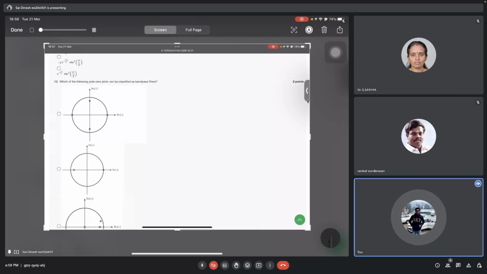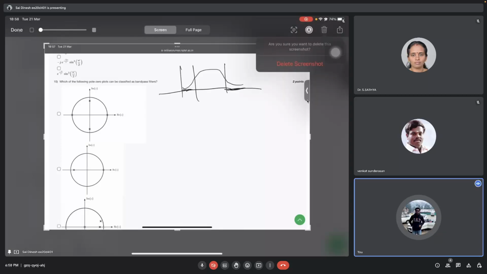What we need in a band pass filter is attenuation at the low and the high frequencies, but then we need a gain at the middle frequencies. So basically what do we know? At the middle frequencies there should be poles, and then at the high and the low regions there should be zeros, right? So this is how we can say about that.